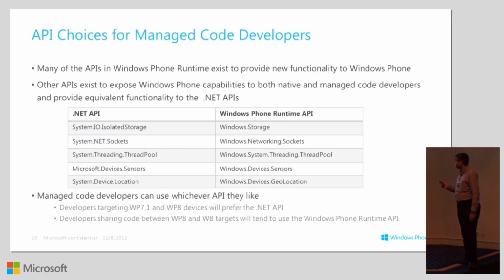And as I mentioned, if you wanted to use the .NET API, you would use some of the System namespaces or the Microsoft namespaces, and then you have the analogous Windows Phone Runtime APIs, which start with the Windows namespace. And you can choose whichever API you like, they are the same.